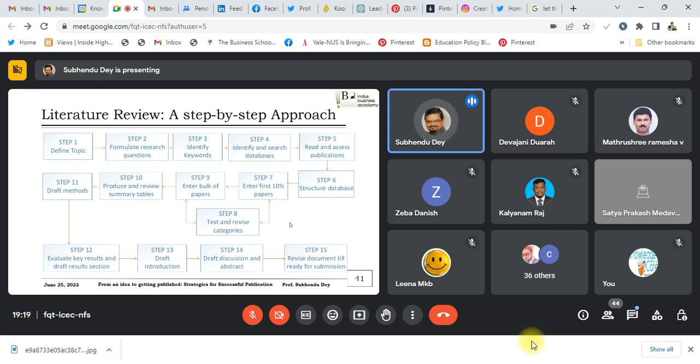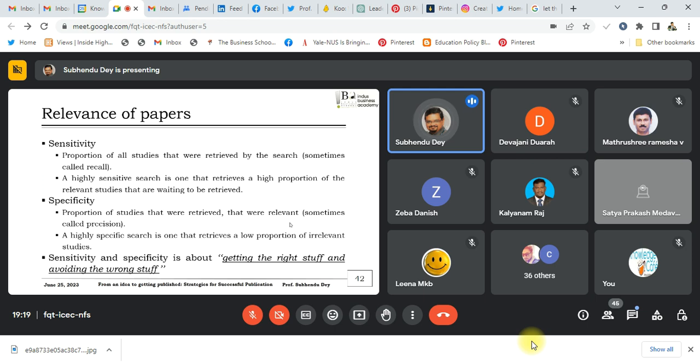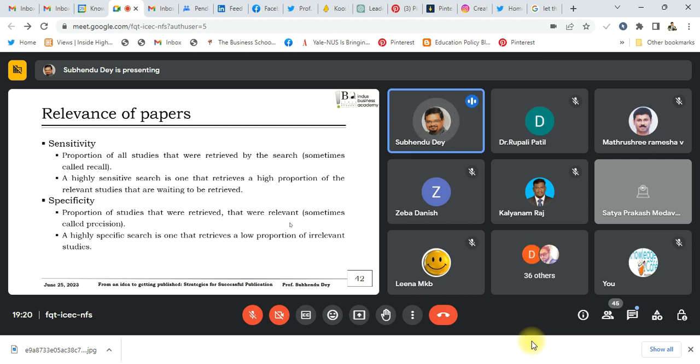So this is extremely important, right? Now, I also spoke about the relevance of papers. There are two terms that I'm going to use here. One is sensitivity, the other one is specificity. I'll give you an example. Let's say you're searching with a particular keyword for a certain number of relevant papers.